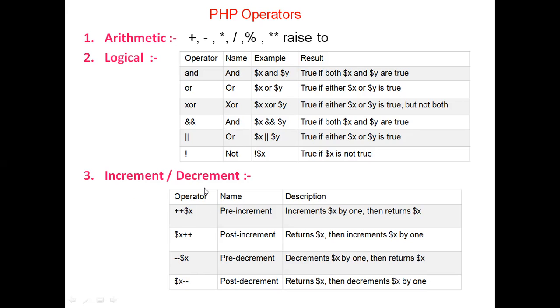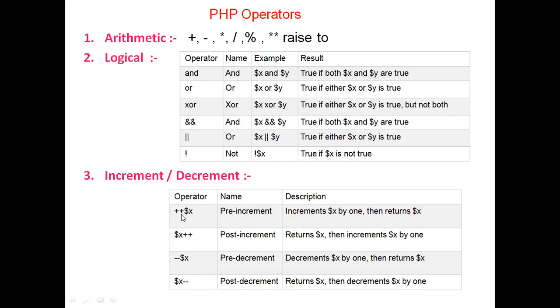Then the increment or the decrement value. This is plus plus $x, that is the pre-increment. So it increments the value of x by 1 and then returns $x. Pre-increment means it increments first and then assigns. Here it first assigns and then increments, that is post-increment. In this one it adds the value afterwards, in the other it adds the value first.